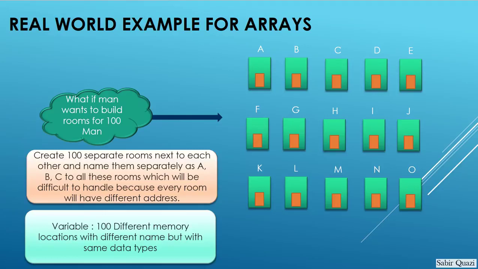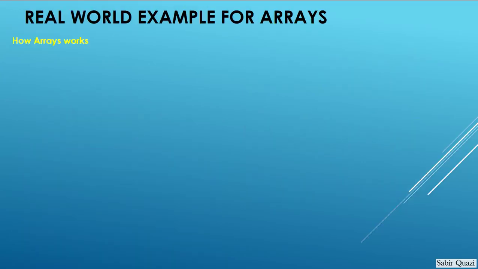So this man will always have difficulty maintaining that number of rooms. Similarly, for a programmer, it will be difficult to maintain this number of variables in a program. So he finds a better solution.